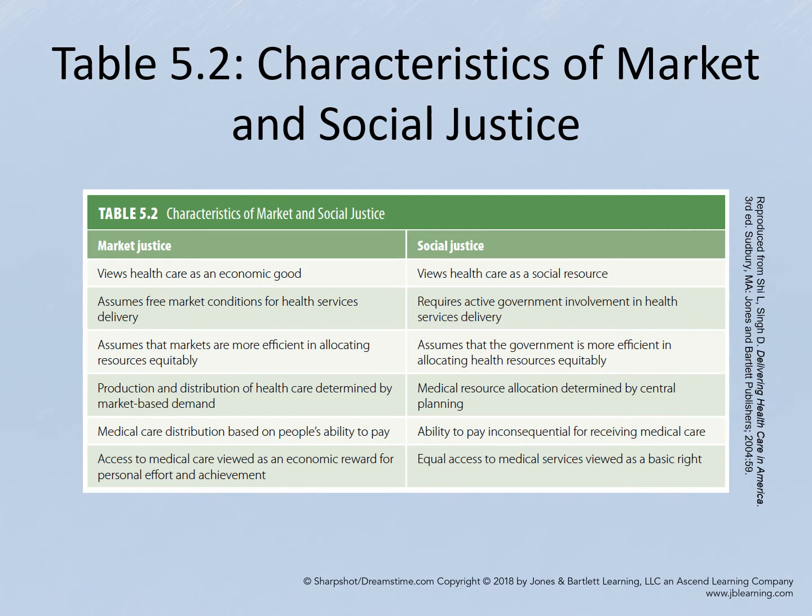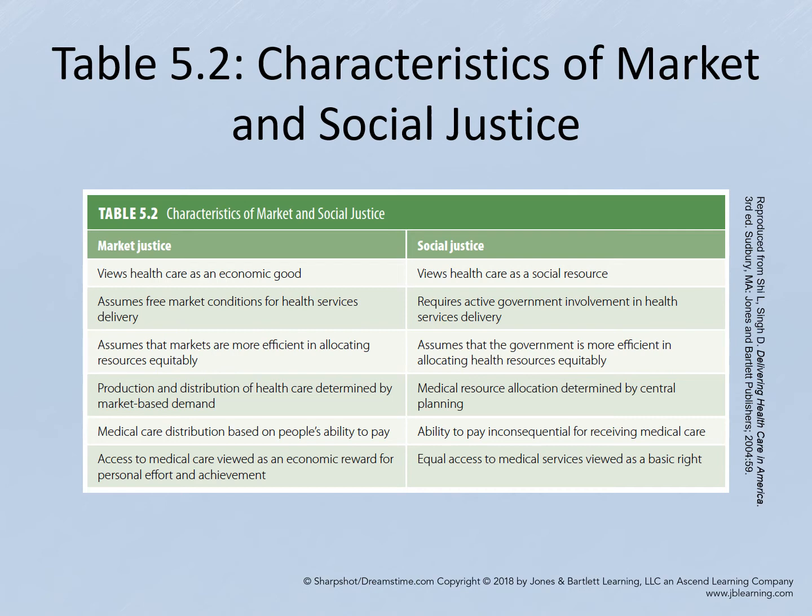In market justice, the production and distribution of healthcare are determined by market-based demand, rather than need. In social justice, medical resource allocation is determined by central planning. Medical care distribution is based on people's ability to pay in market justice, whereas in social justice, the ability to pay is inconsequential for receiving medical care.